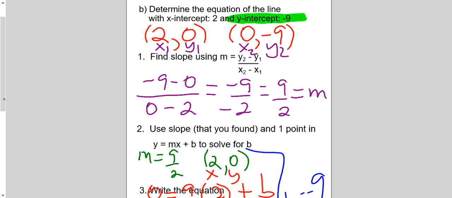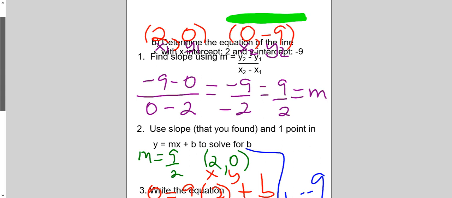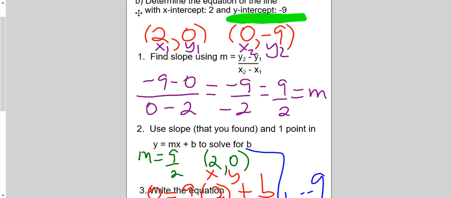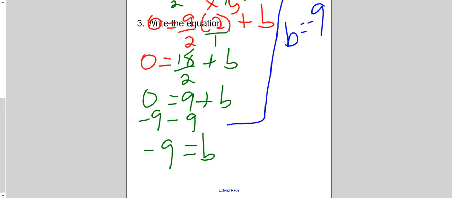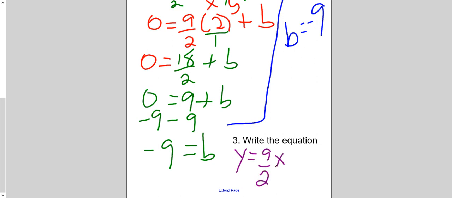All right, last little bit, of course, is that we want to write our equation. And we can go ahead and write the equation now. We have our slope, so y equals 9/2x, and we have our y-intercept at -9.